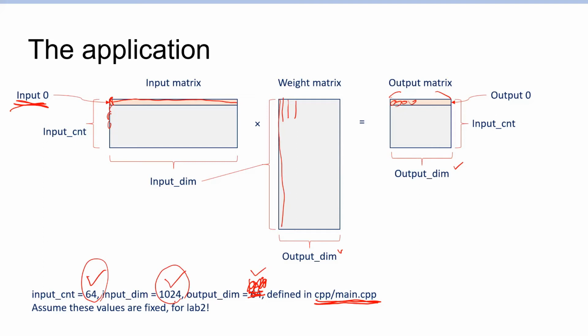So the previous layer in the neural network had 1,024 outputs. This layer will have 64 outputs, a vector of 64 outputs, which will be sent either to the next layer in the neural network or to the output. Assume these values are fixed for lab 2, just because it makes our life simpler.